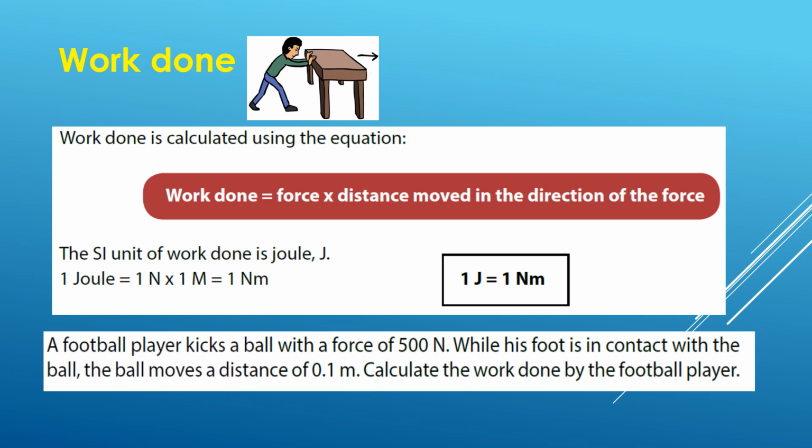So we know that work done is equal to force times distance. So it will be equal to 500 multiplied by 0.1, which gives 50 joules. So the work done is 500 times 0.1, which is equal to 50 joules.